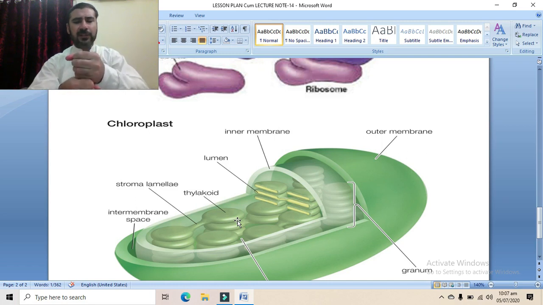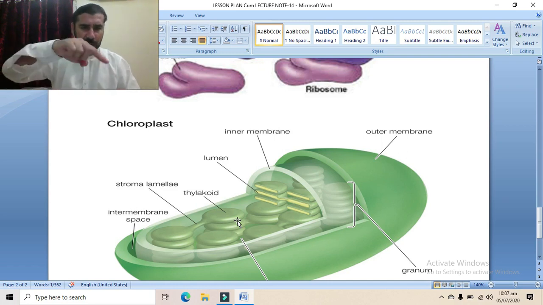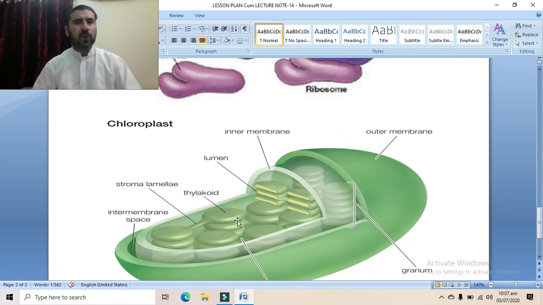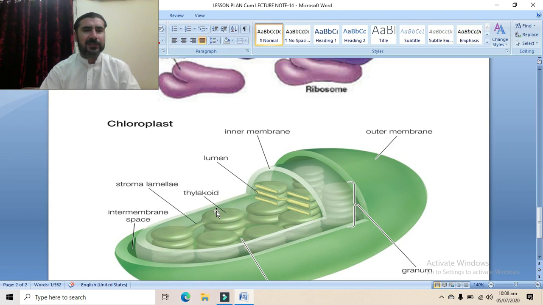This structure, which consists of several coins one above the other, is known as granum, and its plural is grana. It is just like a stack. Stack means gatta, or dare. So when several thylakoids, several coins, lie one above the other, they form a structure known as granum.